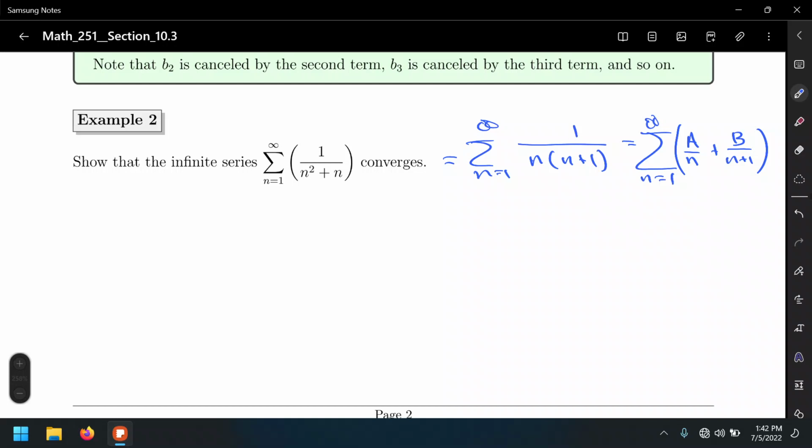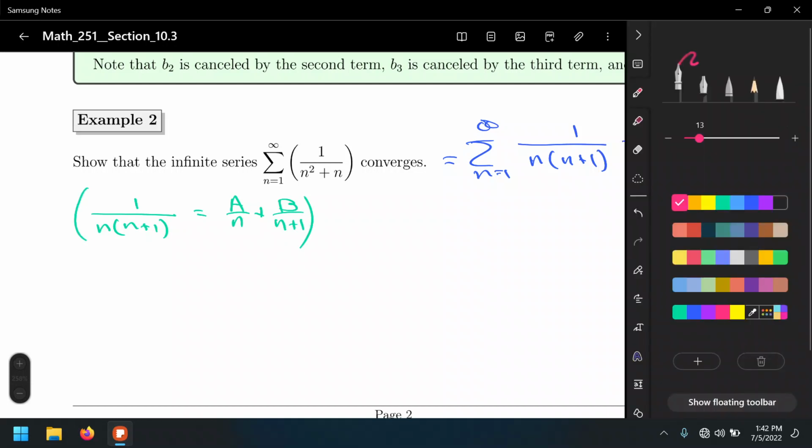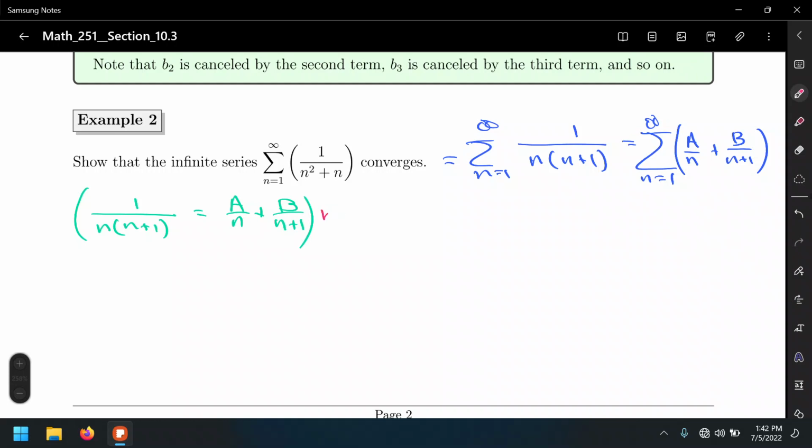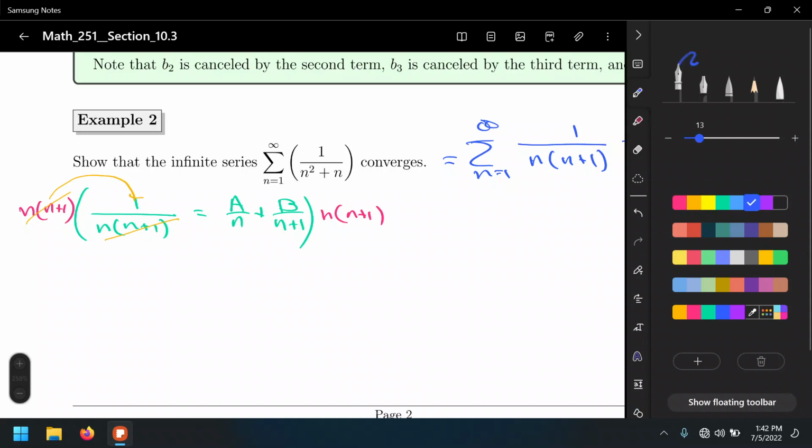Remember, we set these two quantities equal to each other, so that's n times n plus 1, A over n plus B over n plus 1. Recall that we multiply both sides by the least common denominator to simplify the equation, so we can get our constants A and B. Doing the distribution on the left hand side, see how this cancels, leaving us with only the 1.